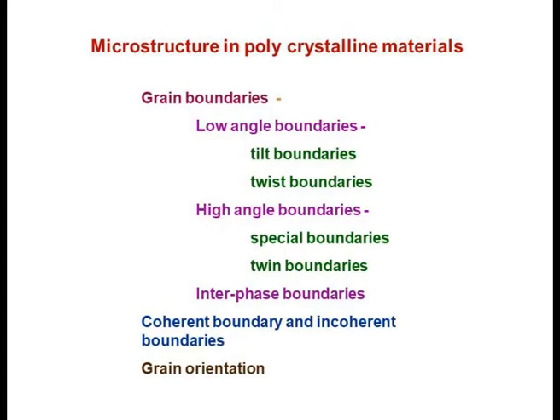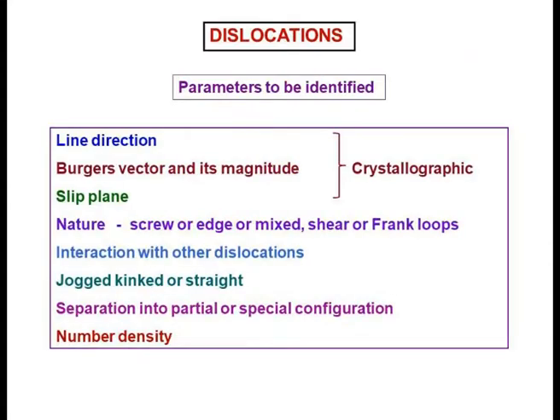There are low angle boundaries, the classification of tilt and twist boundaries, then special boundaries, twin boundaries. Then if it's an ordered phase, there are interfaces between these boundaries. All of them act as obstacles to dislocation motion, so that is going to change the hardening behavior of the material. Even the orientation between different grains can alter the mechanical properties of the material.